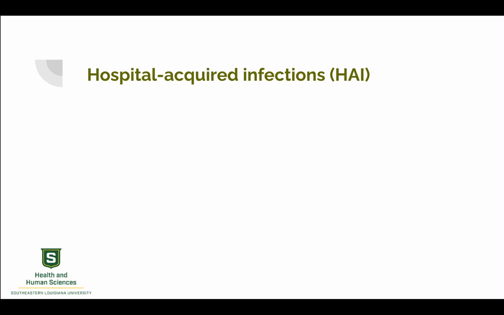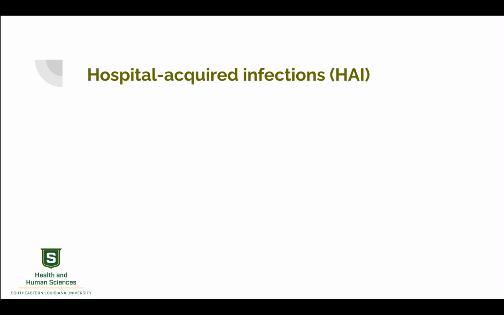An example of clinical facility data would be the hospital acquired infection. There are a number of standardized clinical facility data, the same way as there are a number of standardized public health data, and hospital acquired infection is one of them.